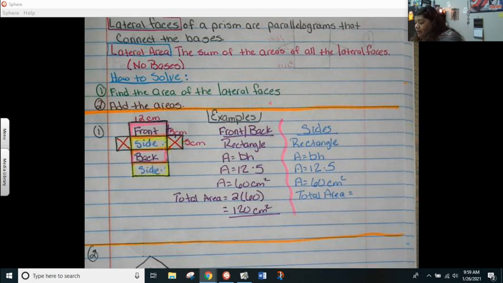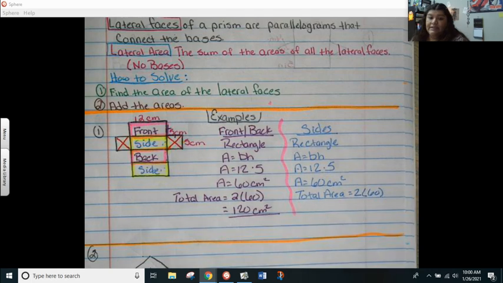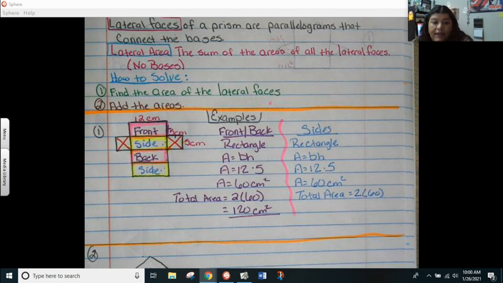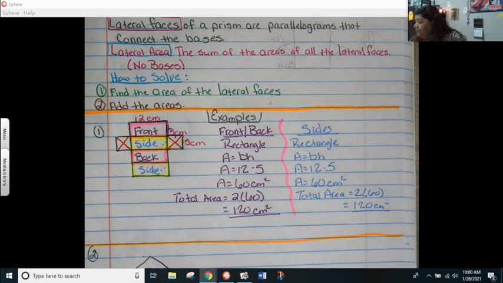So now to find the total area, I have the two sides. So 2 times 60, okay? And that's because I have side 1 and side 2, the exact same. So that's going to give me a total area of 120 centimeters again. Okay?